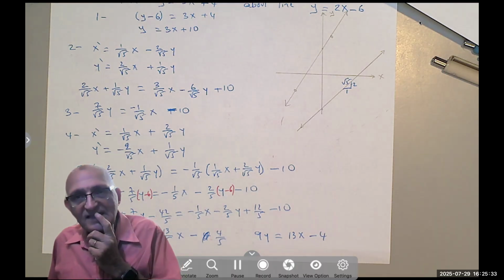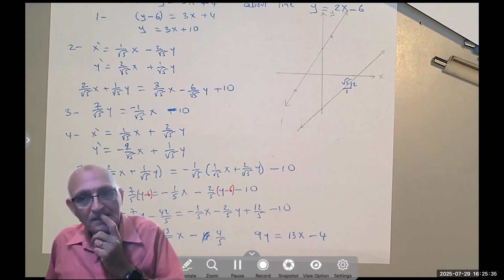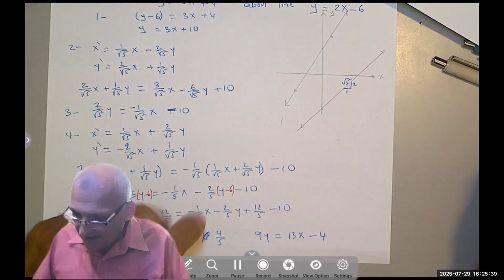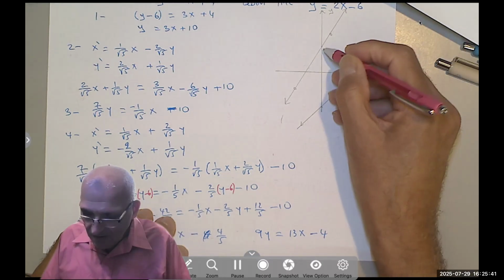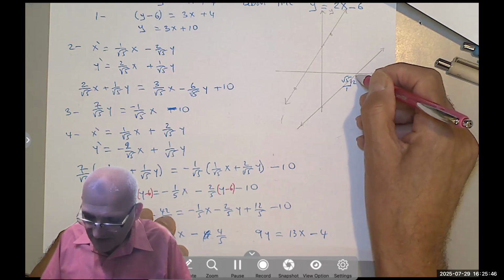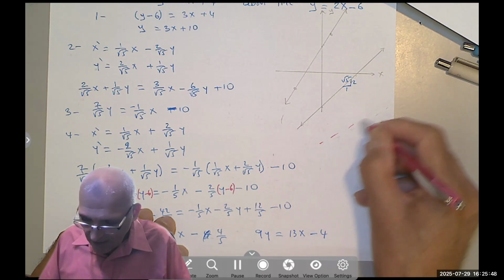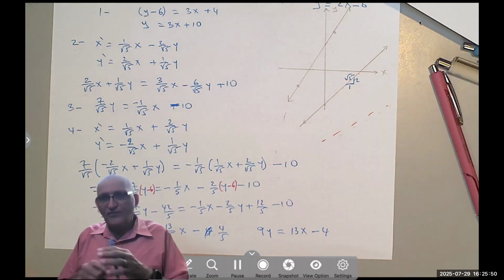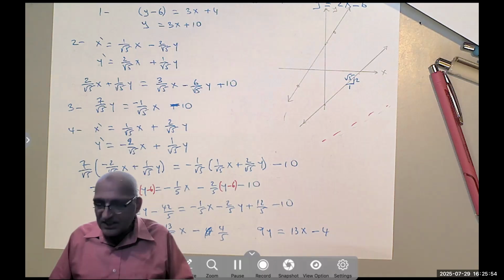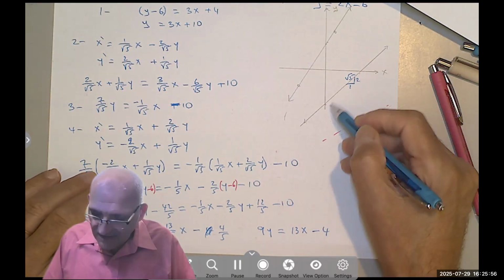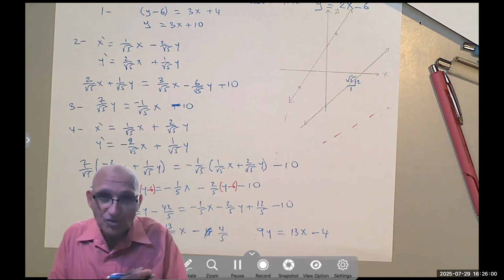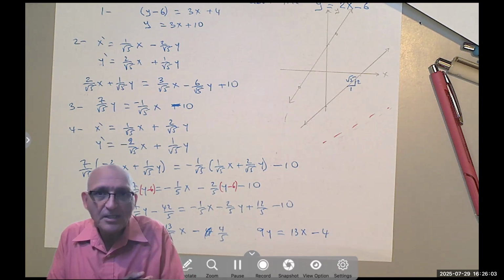Now, what we can say, do you know that the angle between these two lines should be the same as the angle between this line and the new line? Do you know how to find the angle between two lines? Of course, you can say, I know the slope of this, I know the slope of that, so you can do it this way.